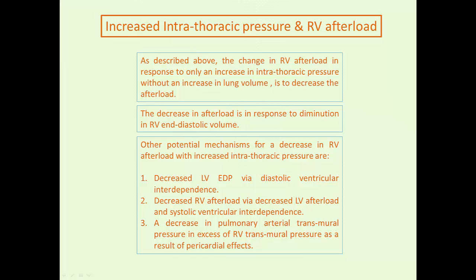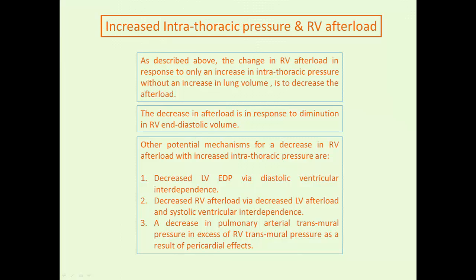Again, this is completely speculative. The right ventricular myocytes and the pulmonary arterial smooth muscle cells do not entirely experience the same transmural pressure because of the pericardium, and the pericardium may actually absorb some of that transmural pressure for the right ventricle.